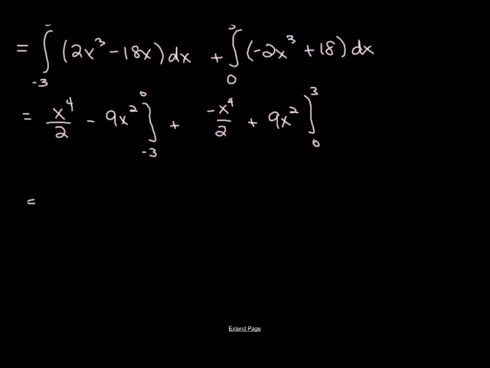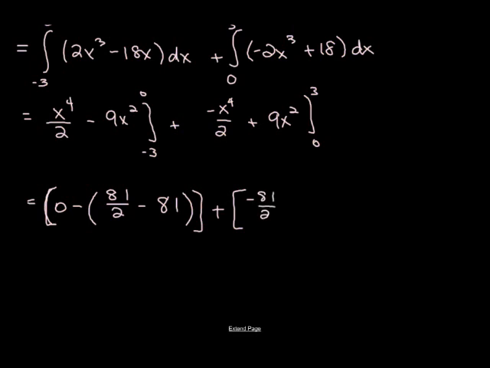Now plugging in. For the first one, we plug in 0 and we get 0. Then we subtract off, plugging in -3, we get 81 over 2 minus 81. For the second evaluation, plugging in 3, we get -81 over 2 plus 81.